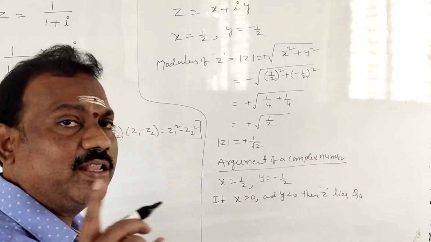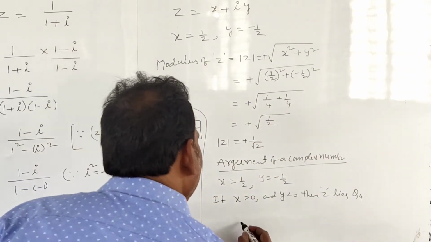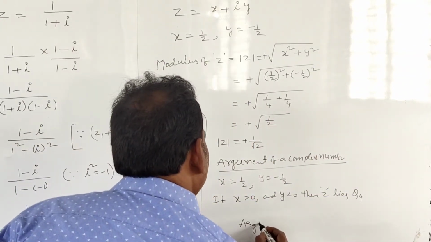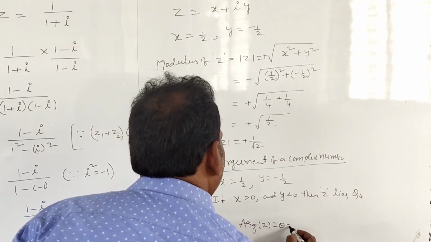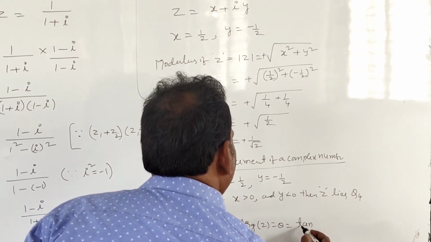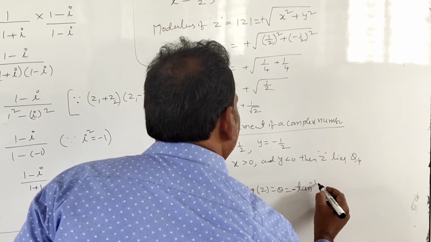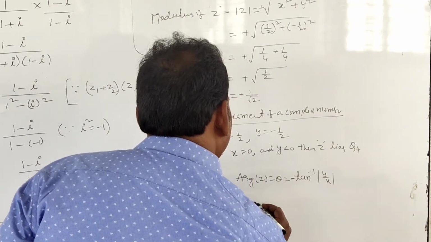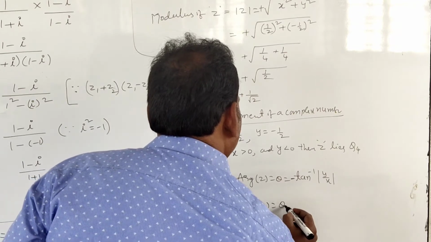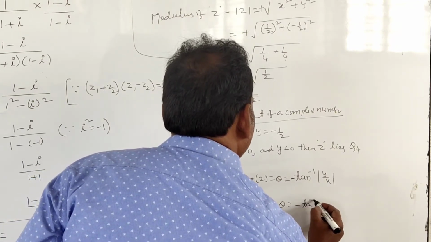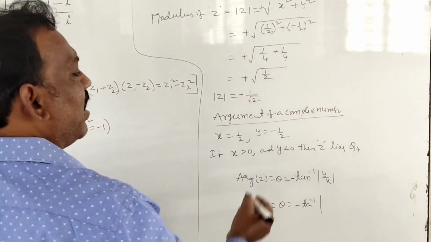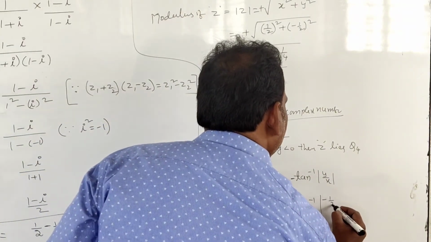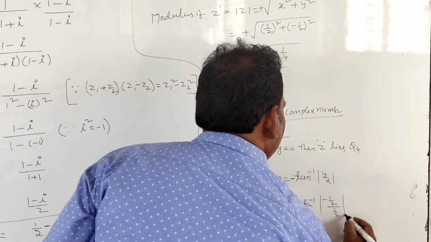What is the argument in the fourth quadrant? Already I told you. The argument of z, denoted as theta, is equal to minus tan inverse mod of y by x. So theta is equal to minus tan inverse mod of minus 1 by 2 upon 1 by 2.